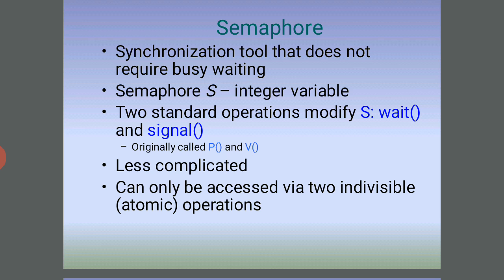There are many types: binary semaphores and counting semaphores. A binary semaphore is a special form of semaphore used to implement mutual exclusion, and hence it is often called a mutex.